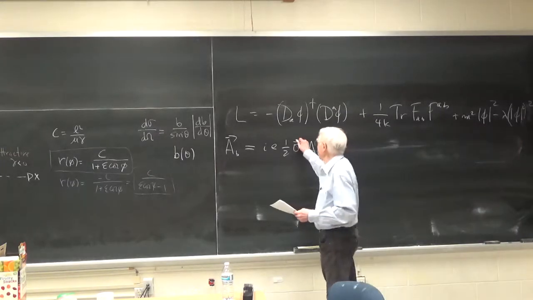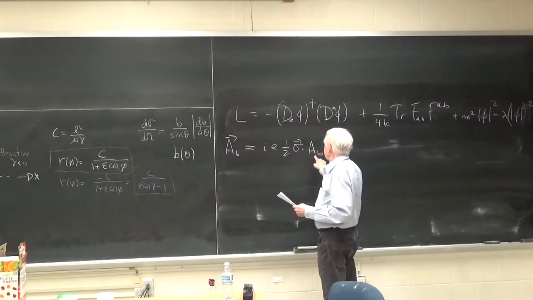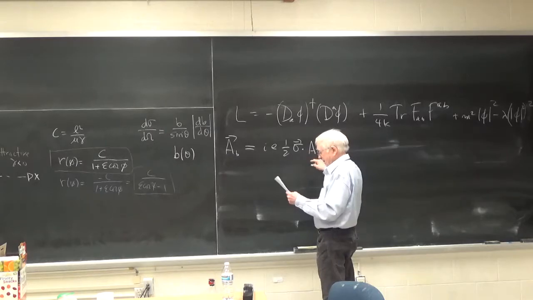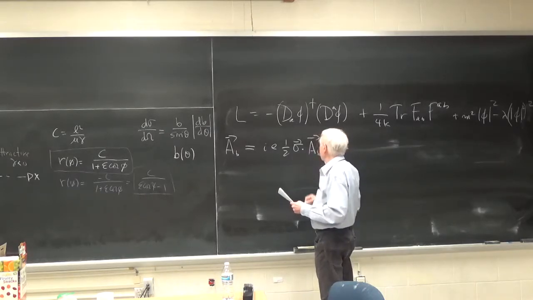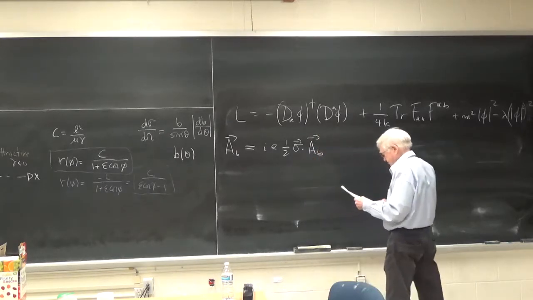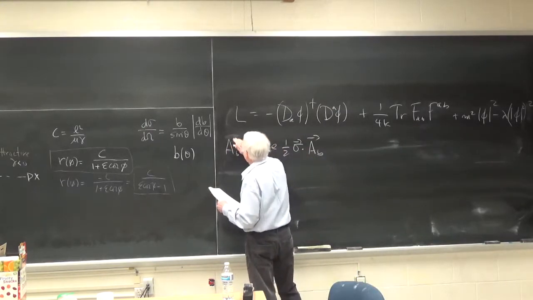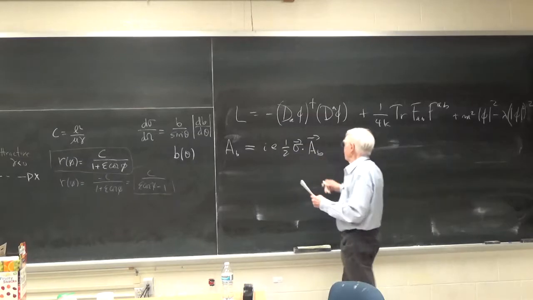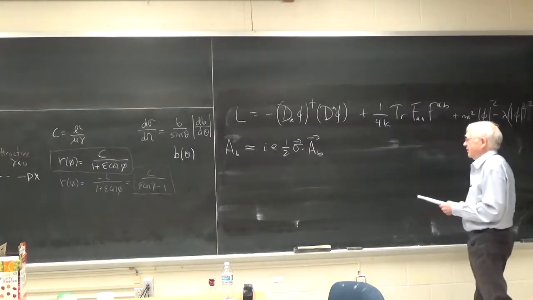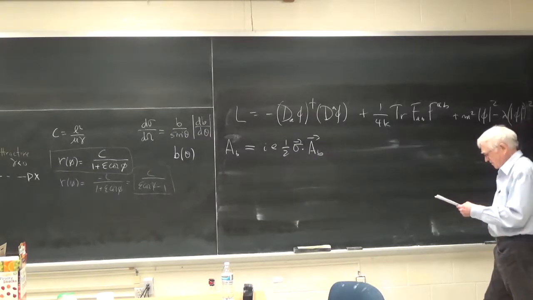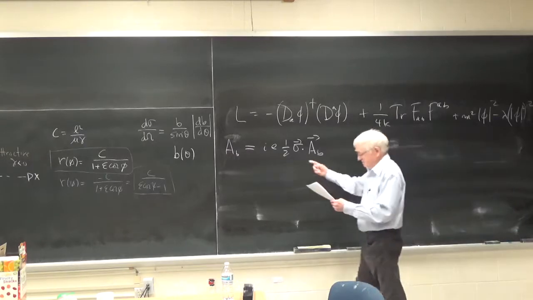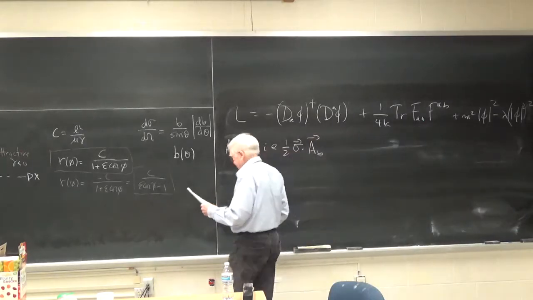This is the Pauli matrix, and, I'm sorry, this thing is A sub B, and this is a dot product of generators dotted into gauge fields. These sigmas, of course, are the regular Pauli matrices.